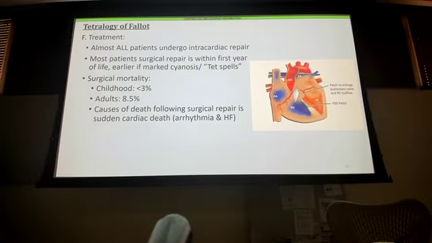And you can see, if I do surgery, the mortality risk is actually pretty low. So I have a less than 3% surgical mortality if I fix this as a child. If I wait until they're older, then yeah, the mortality rate does go up.